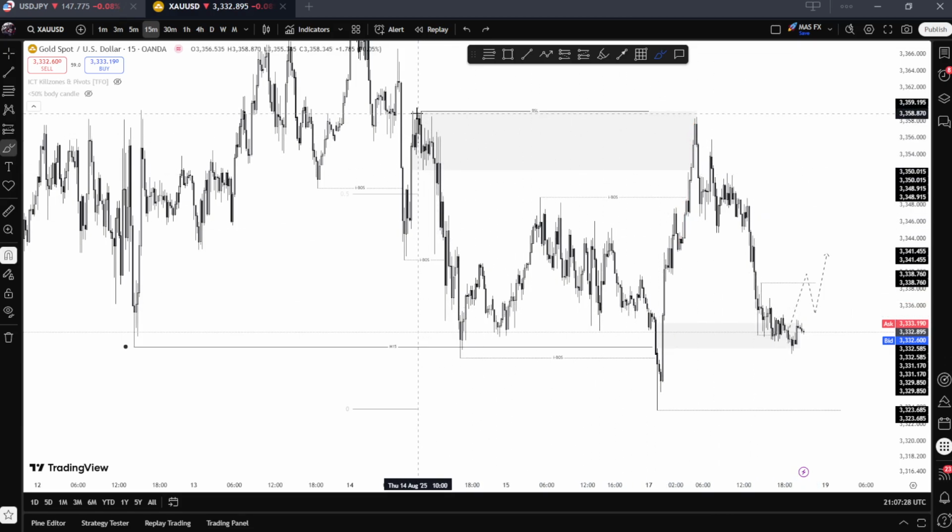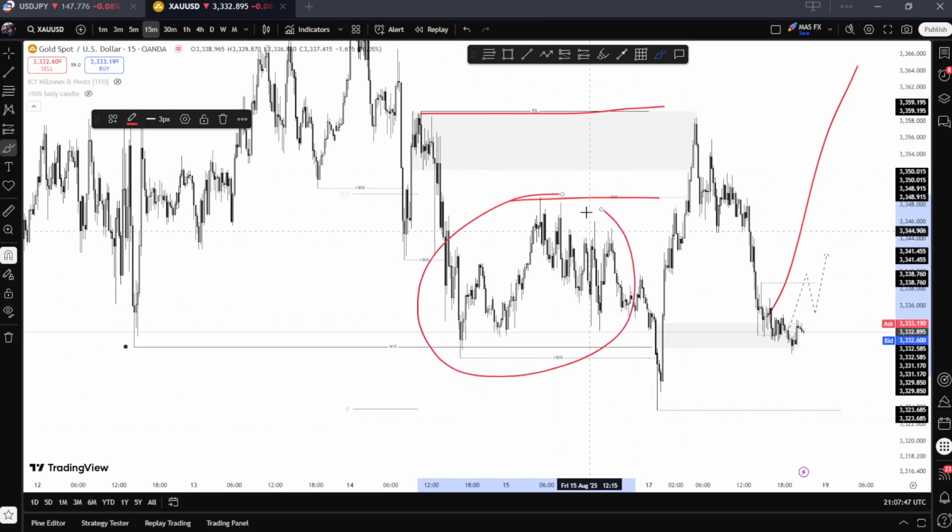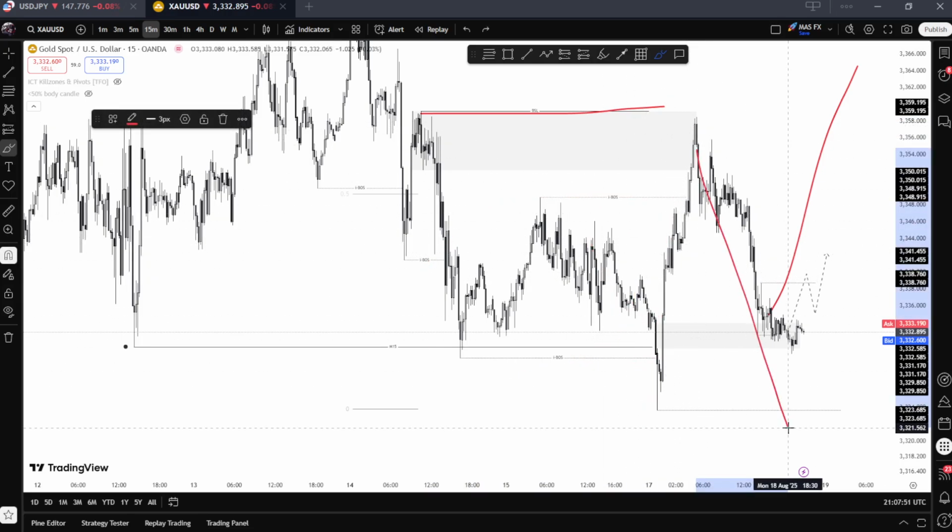Because if we had targeted this buy side liquidity and closed above this one, then I'd have a strong bias coming into the session that the pullback would continue higher. But now I'm looking at it as this level was used as inducement. This was a fake break. So this was the accumulation move, the manipulation move, the distribution move. And now we are looking to rebalance price to the downside.